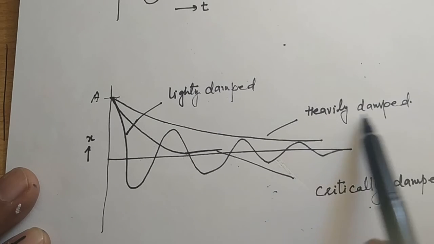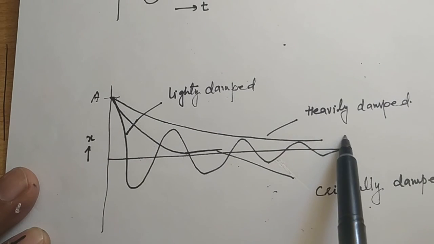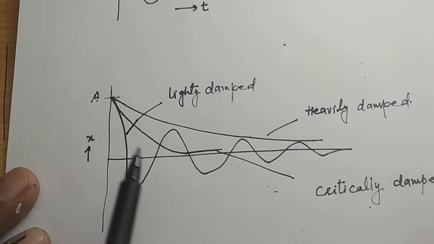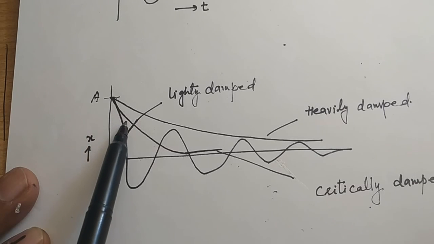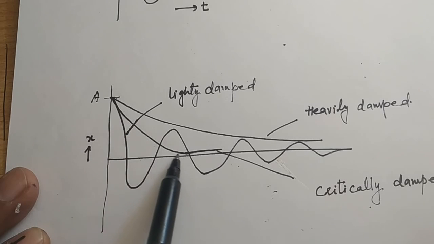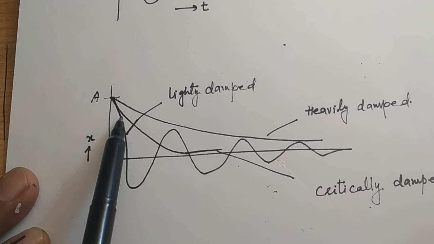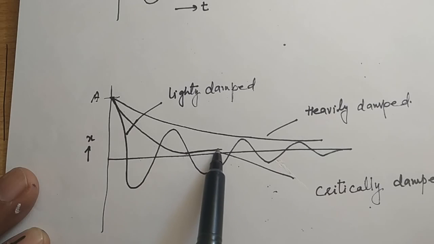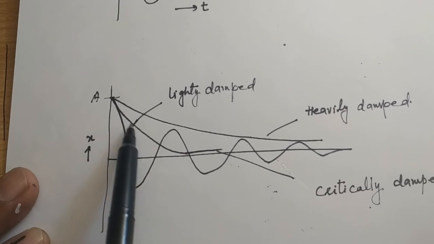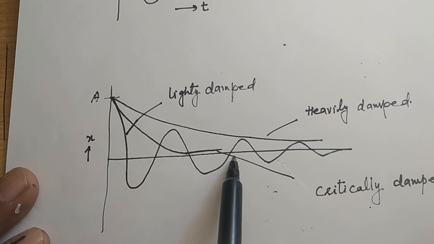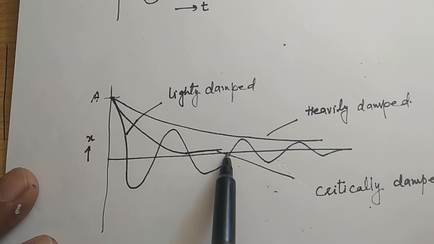When it is heavily damped, it takes a long time to come to the mean position. And when it is a critically damped oscillator, when omega naught square is almost equal to p square, it is called critically damped. It takes a small time to come to the mean position, less time to return to its mean position.